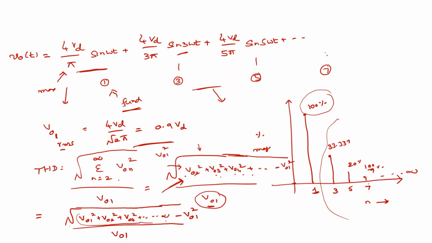That is the total RMS value. So it is the square root of VRMS square minus V01 square, divided by V01.